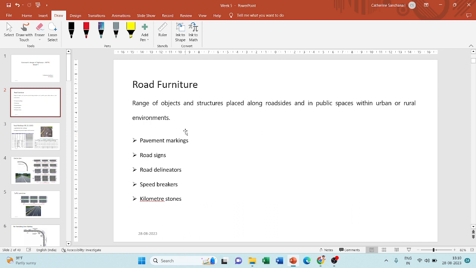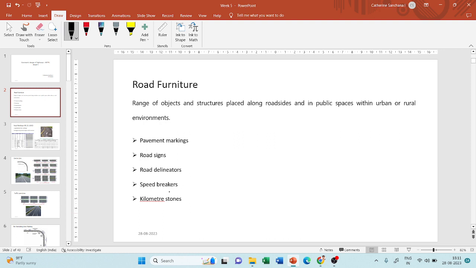Now, there are many examples of road furniture, and a few classifications are given here, which is what will be discussed in NPTEL. Beyond this, we also have benches close to the highways, street lights, bus shelters, cycle racks, pedestrian crosswalks, public seating, and sculptures, all of which are part of road furniture.